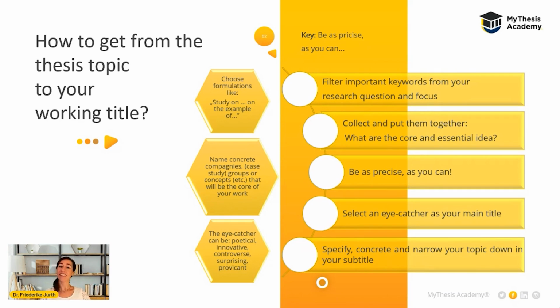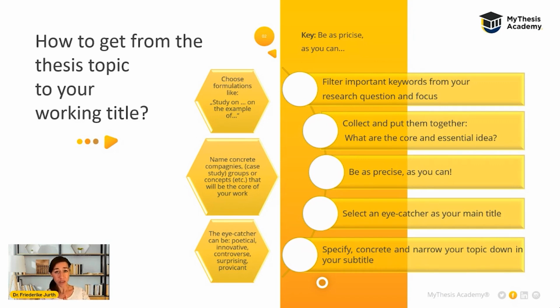Well, the key here, once again, is to be as precise as you can, even though keep in mind that this working title is really a working title. So this means that this title is a work in process. It can change, it can develop from the moment where you submit your thesis proposal until the submission of the thesis.